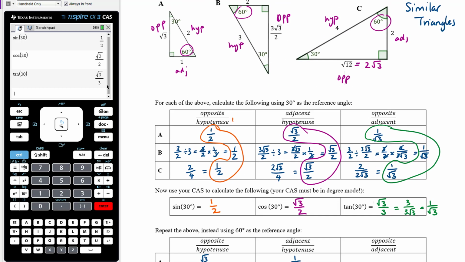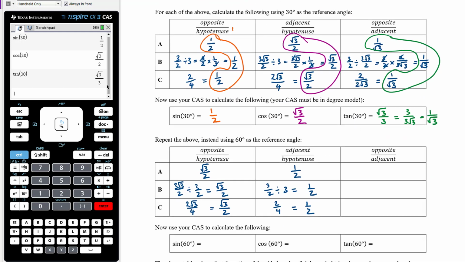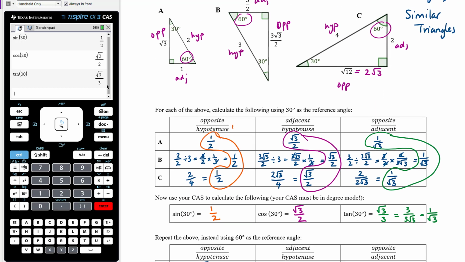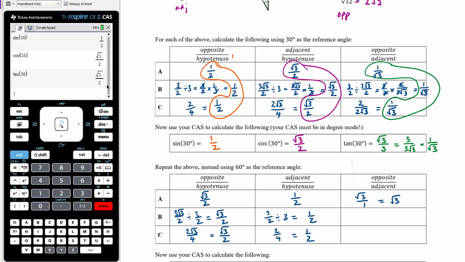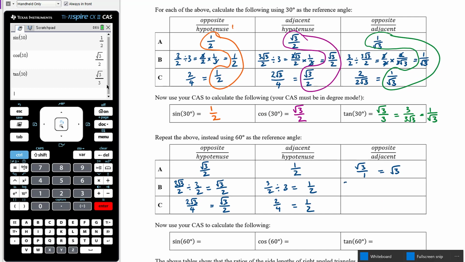Opposite over adjacent in triangle A is root 3 over 1. So that's just root 3. In triangle B, opposite over adjacent, 3 root 3 on 2 divided by 3 on 2. Okay, so that's 3 root 3 on 2 times 2 on 3.